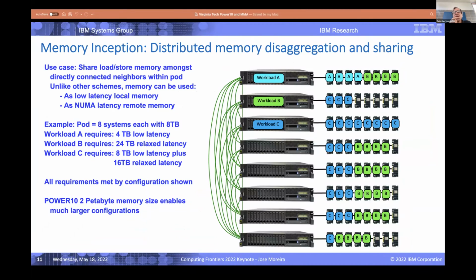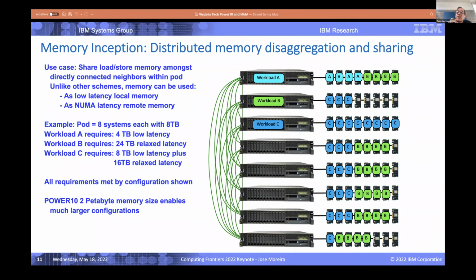Basically, it's a form of cluster shared memory where you can create load store addressable address spaces that cross multiple computers, each with their own operating systems and hypervisors, and it builds on some of the concepts from the OpenCAPI work that we did before.